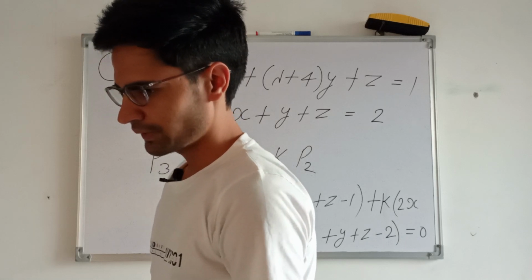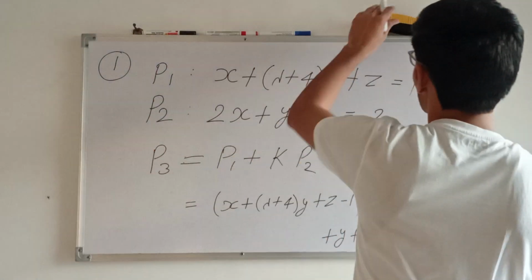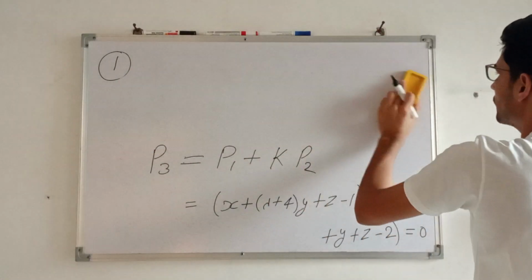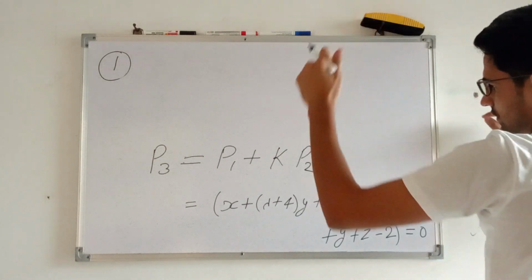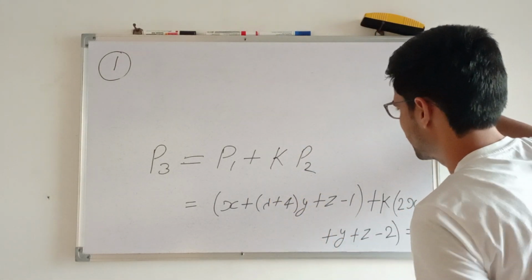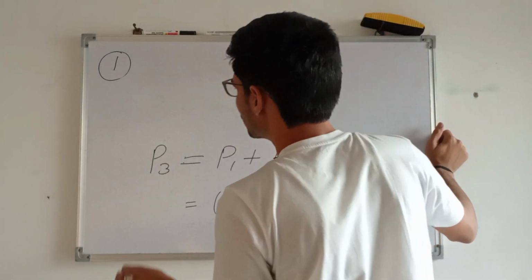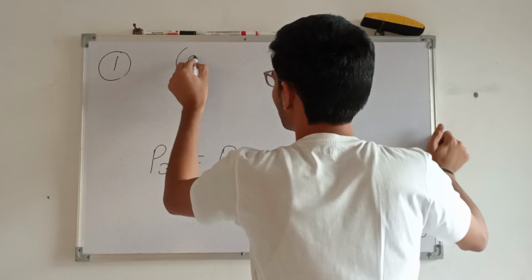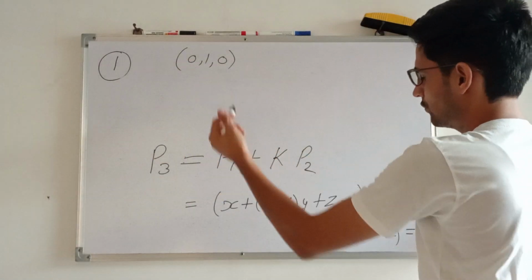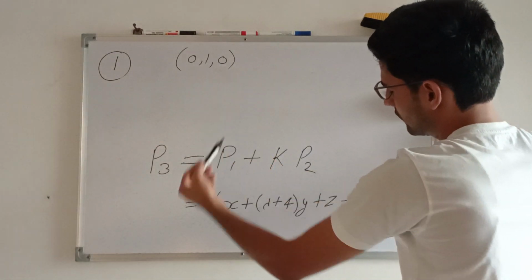Now given that this plane is passing through two points, 0, 1, 0 and 1, 0, 1. We have the equation of P3, and in the equation of P3 we have two variables, one is lambda, another is k. It is passing through the point 0, 1, 0, which means this point will satisfy this equation. Put x 0, y 1 and z 0.